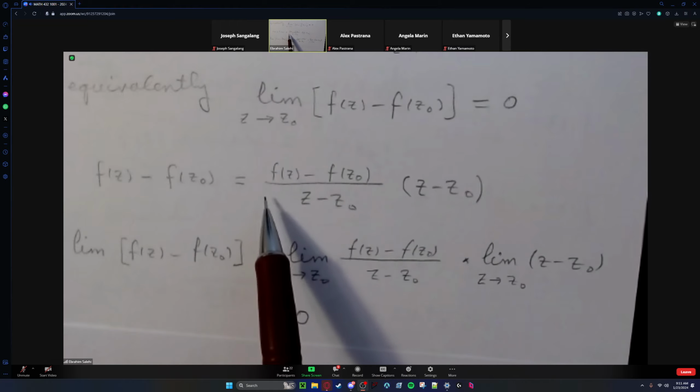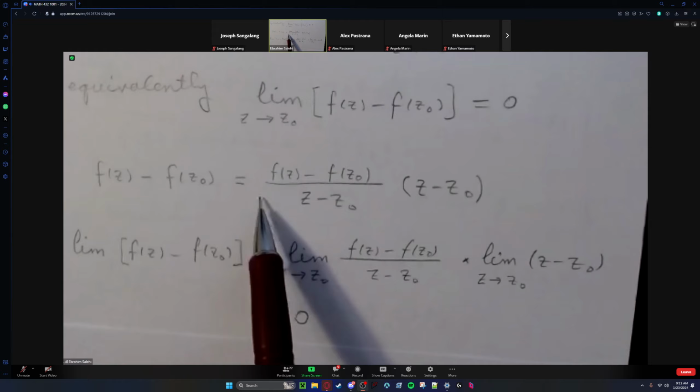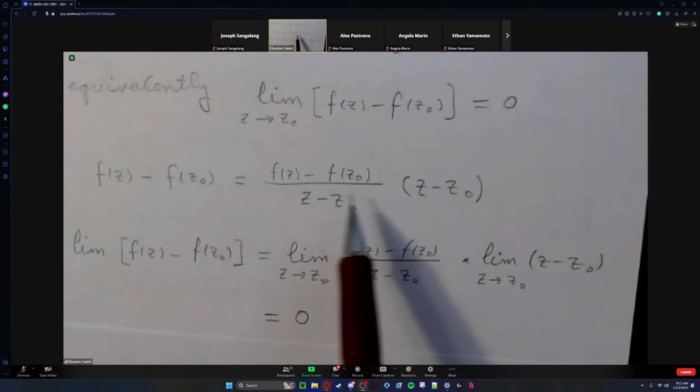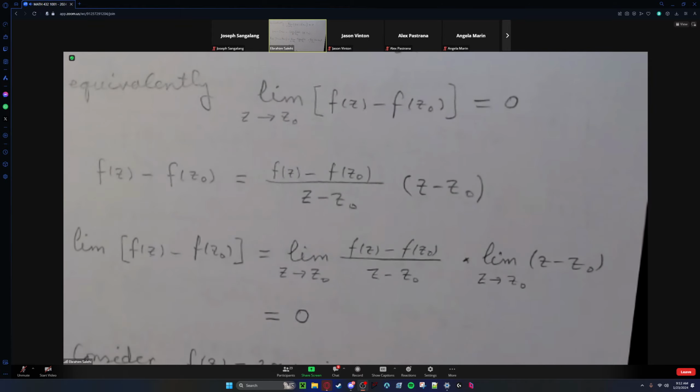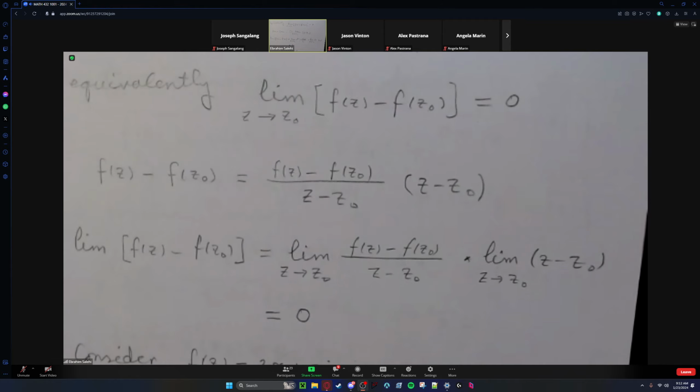I am going to examine this limit, if it exists, in two different, very interesting ways. Oh, here's an example of a function.